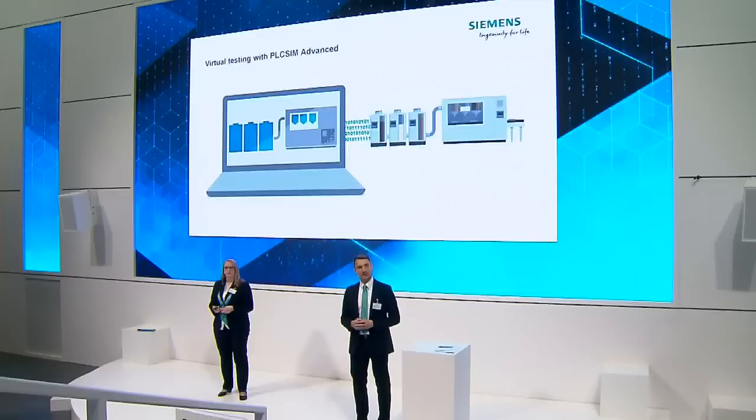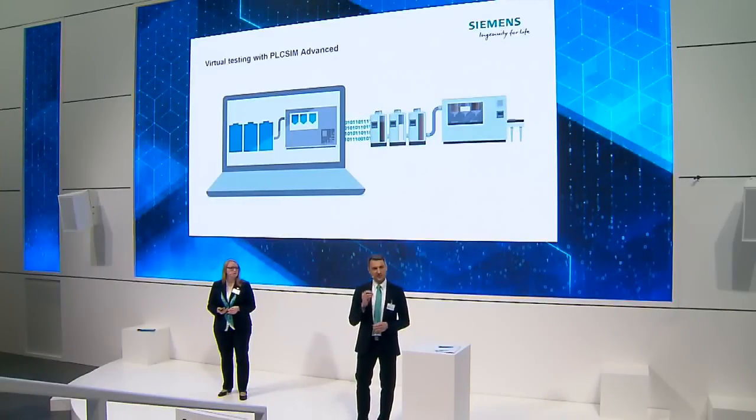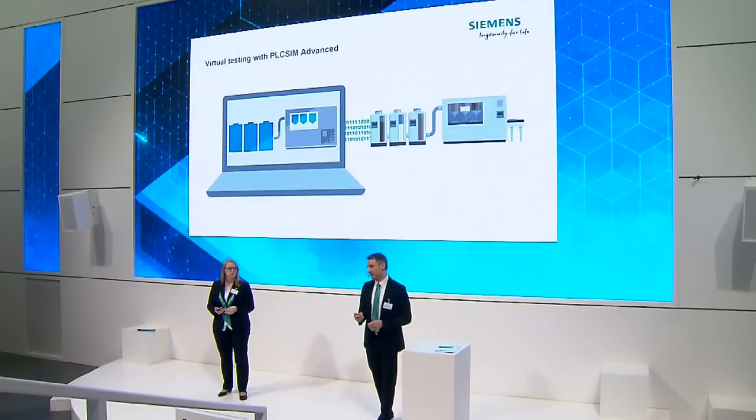The PLCSIM Advanced virtual controller enables us to test and also to optimize the automation even before the planning phase is over. So errors can be eliminated at a very early stage, and we can also conduct trainings without hardware.